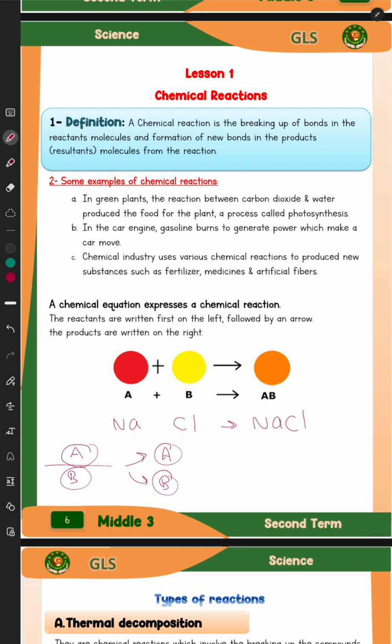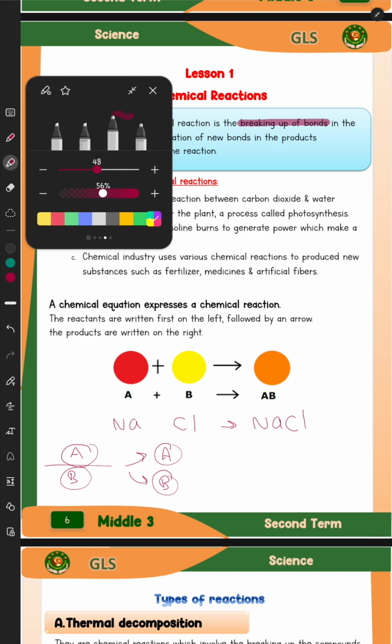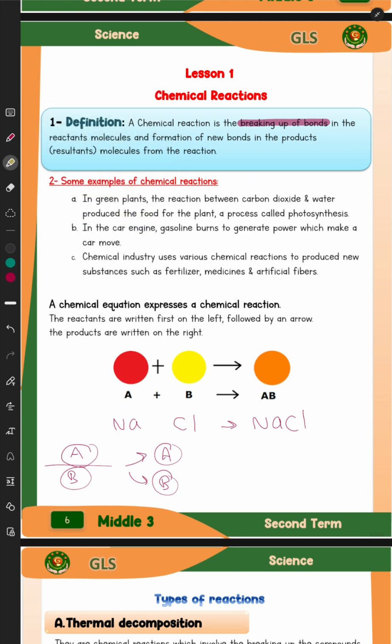Of course, I have many ways to break down a compound into smaller parts, but let's take it step by step. First of all, we have a definition of the chemical reaction. As we said before, the chemical reaction is a breaking up of bonds in the reactant.